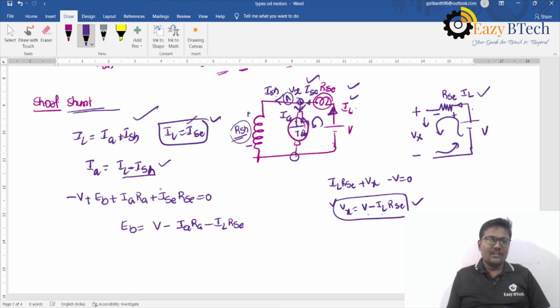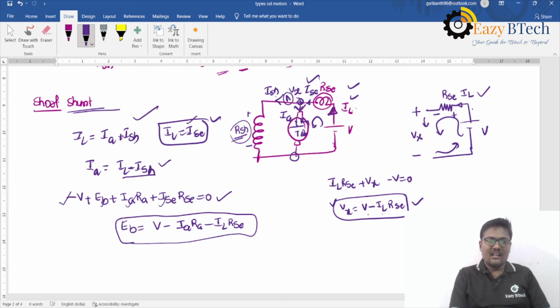If you apply KVL to this loop, minus V plus EB plus IARA plus IL into RSC is equal to 0. Then the back EMF EB is equal to V minus IARA minus IL into RSC.